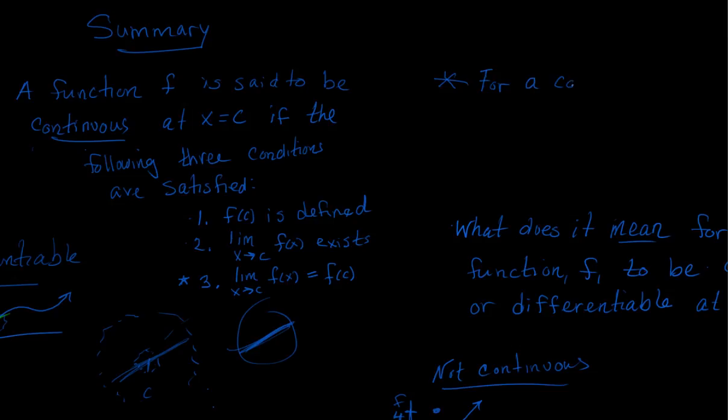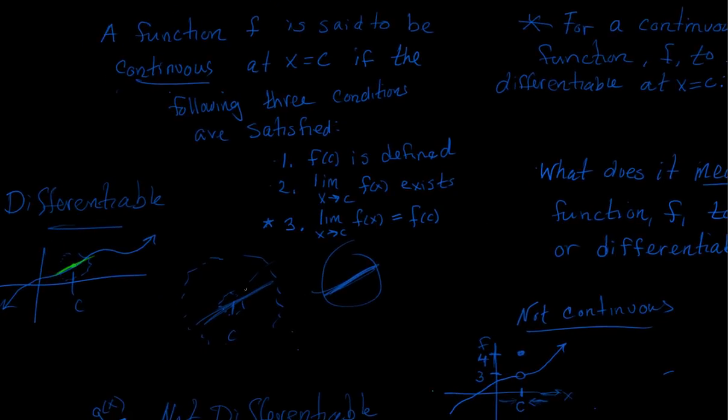For a continuous function to be differentiable at c, the slopes of the tangent lines as we get close to c from either direction have to be getting closer and closer to the same thing.